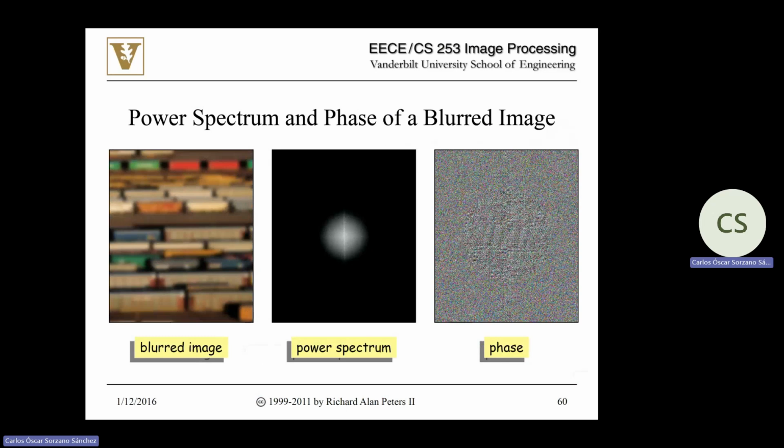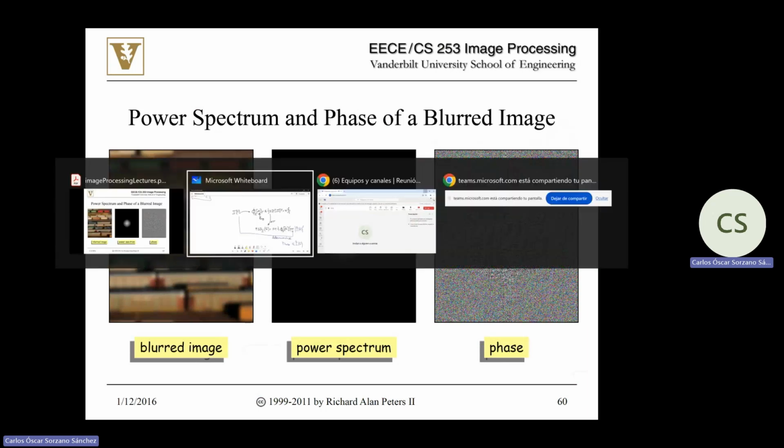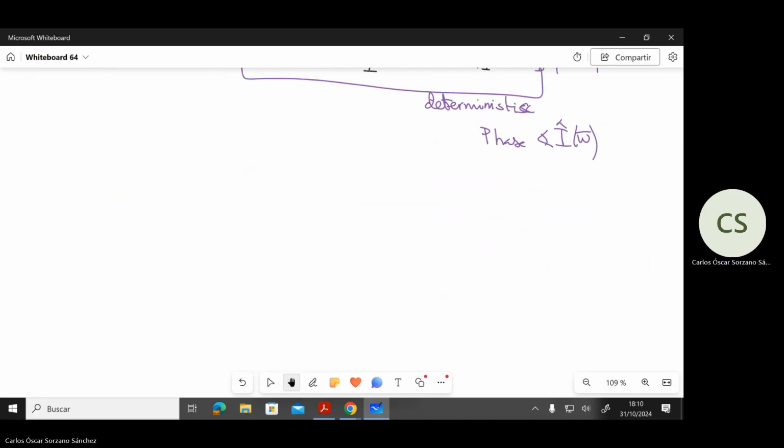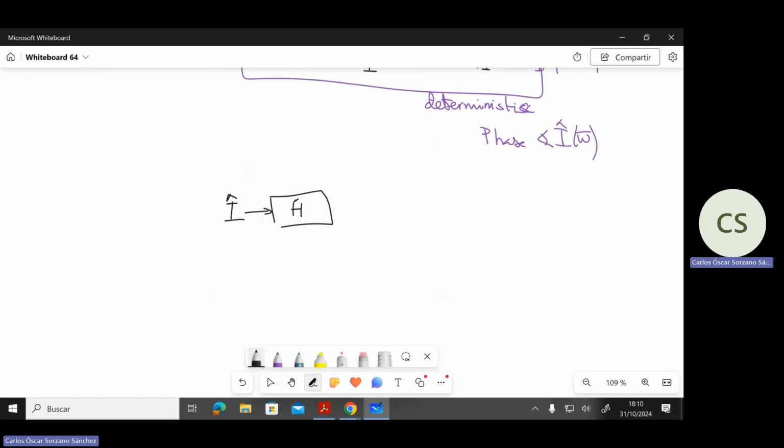Okay, so when we filter, another interesting result, which is general for any system, so not only for images. Let's say that you have an image that goes to a system. Let's put them in Fourier space. And then you get an output, called the output J. So the power spectrum of J is the power spectrum of I, multiplied by H squared.